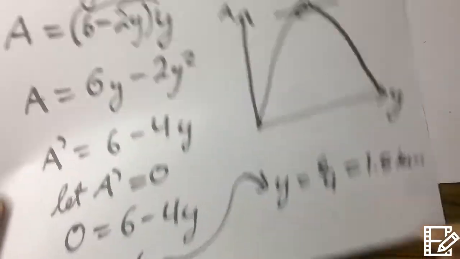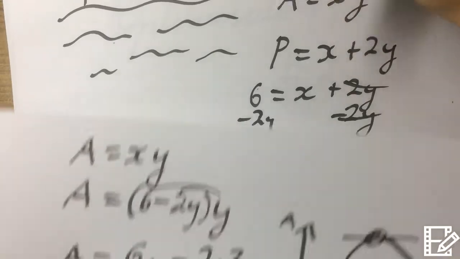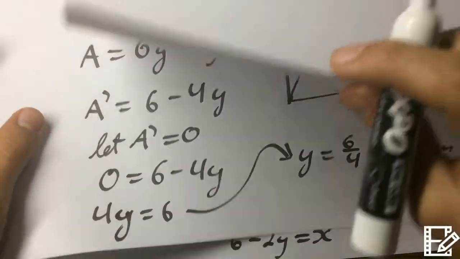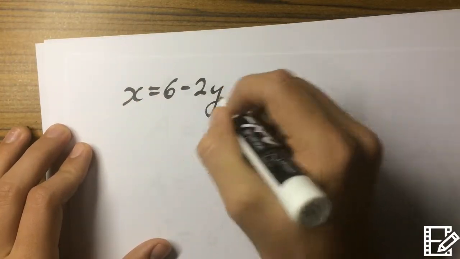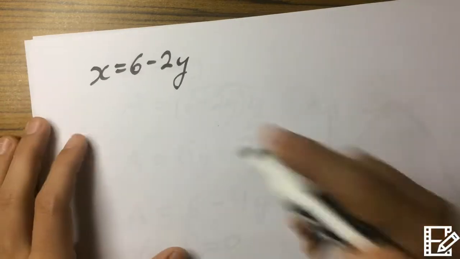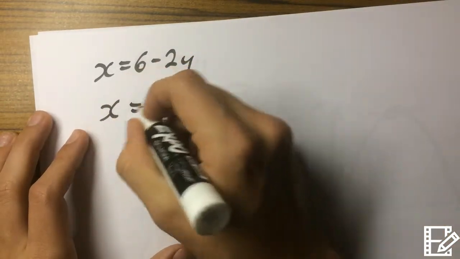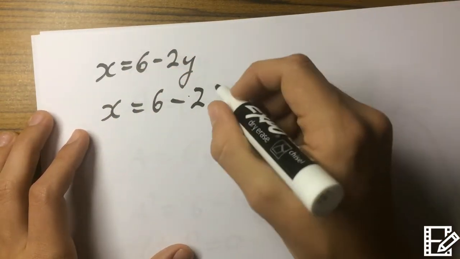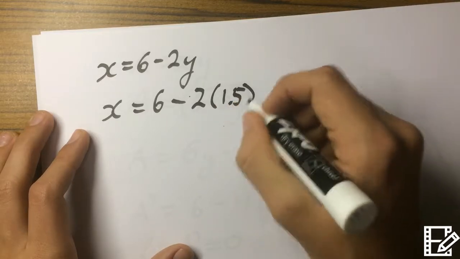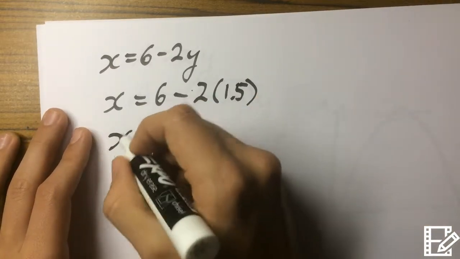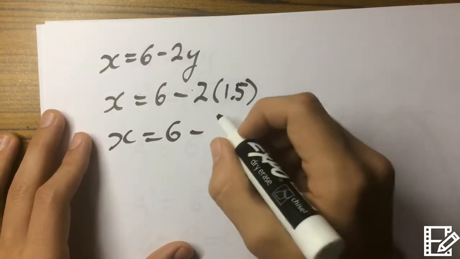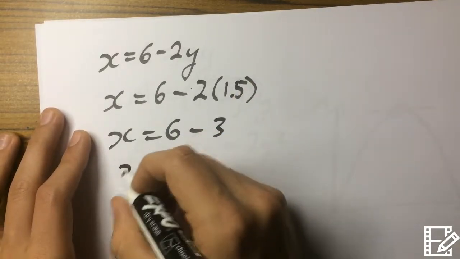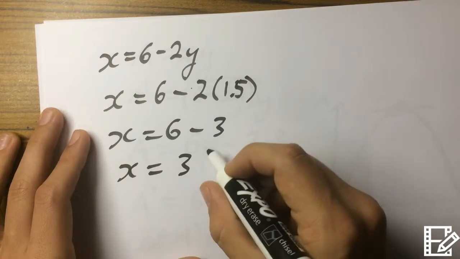We now have y, which is 1.5, so we're going to solve it. x equals 6 minus 2y, and we've established that y is equal to 1.5. So if we put this in, x equals 6 minus 2 multiplied by 1.5, that's 3. 6 minus 3, that means x is equal to 3 kilometers.